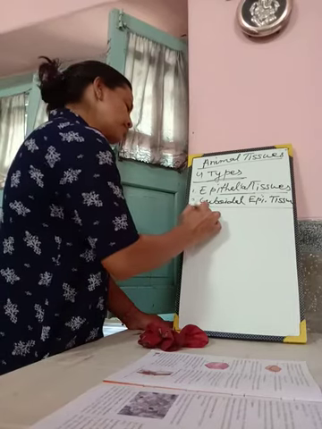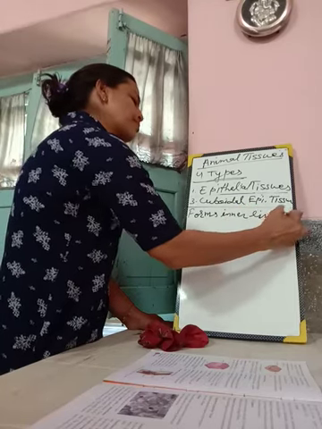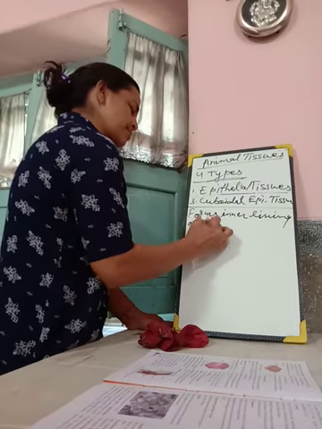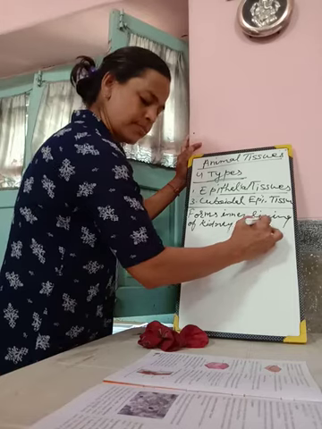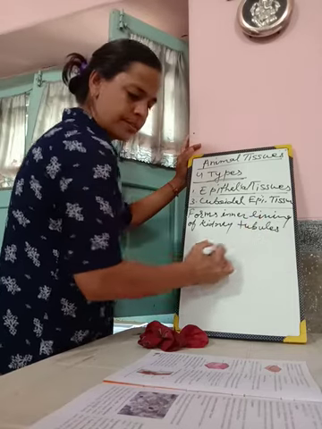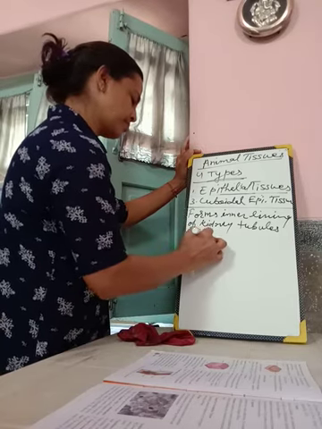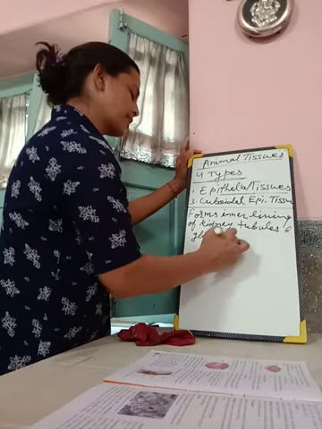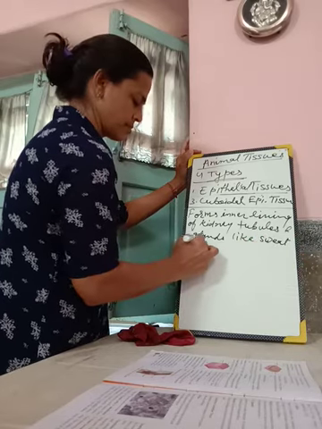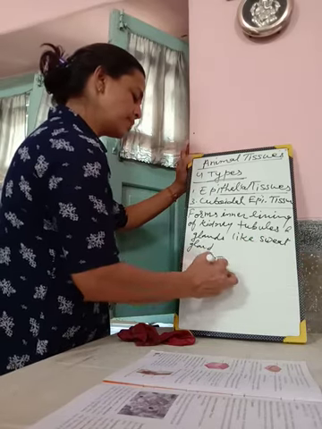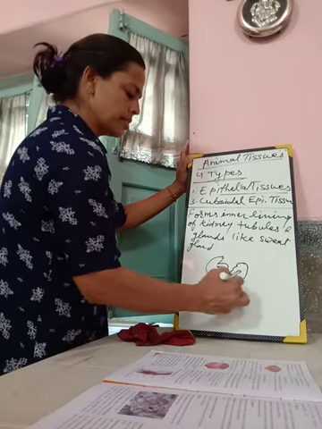It forms the inner lining of kidney tubules and glands, like sweat glands.